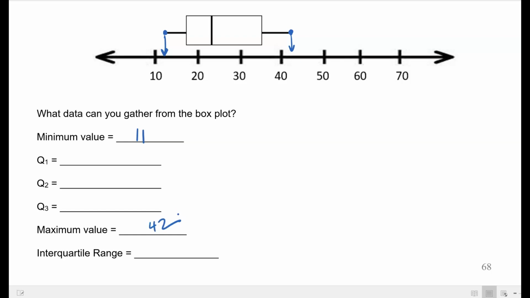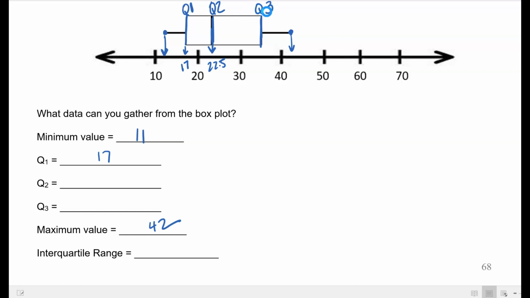We found that our quartile 1 was 17, and that corresponds to this part of the box. So this is our Q1, and we found our Q2, which is the median, is that middle line of the box, and so our median is 22.5.